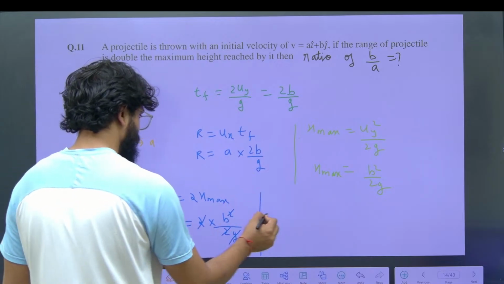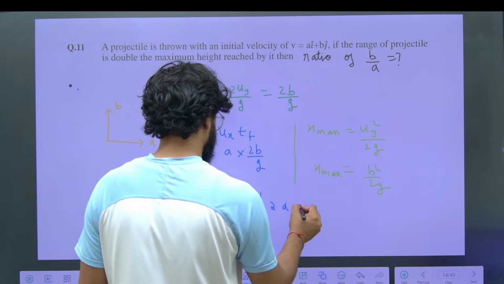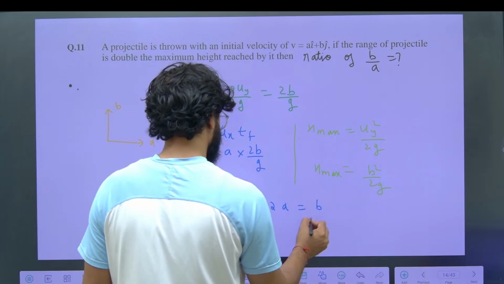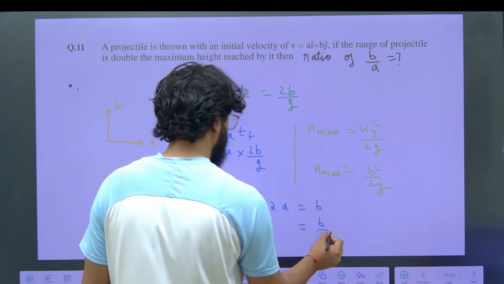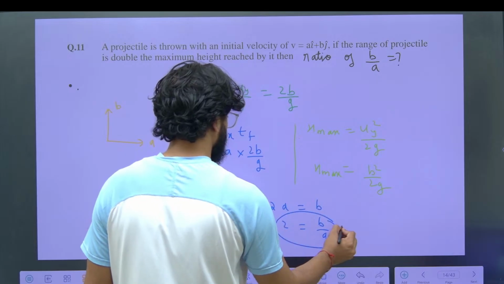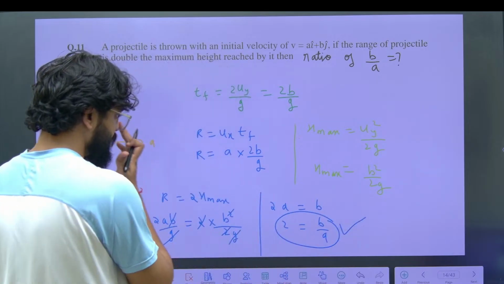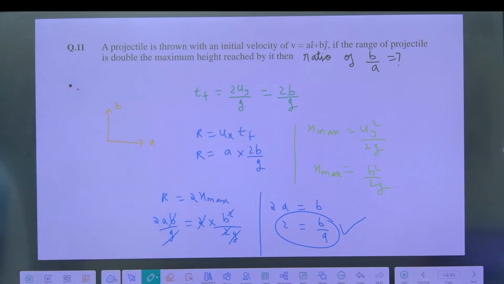So carefully we have to write down everything. 2a is this. So b by a is coming out as 2. ठीक है. So answer for b by a, it will be 2.